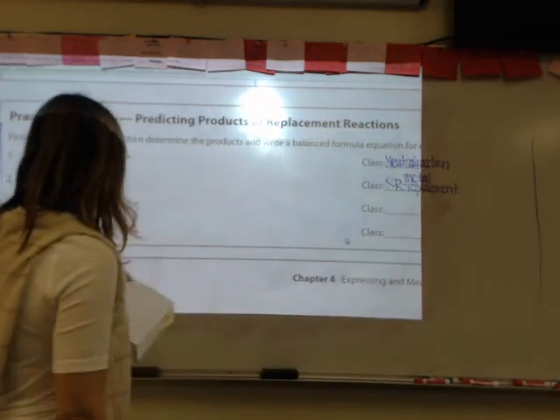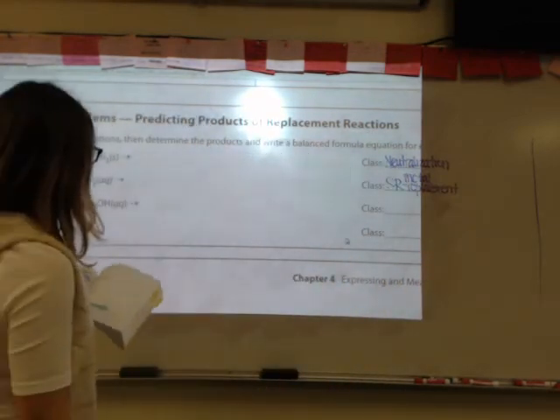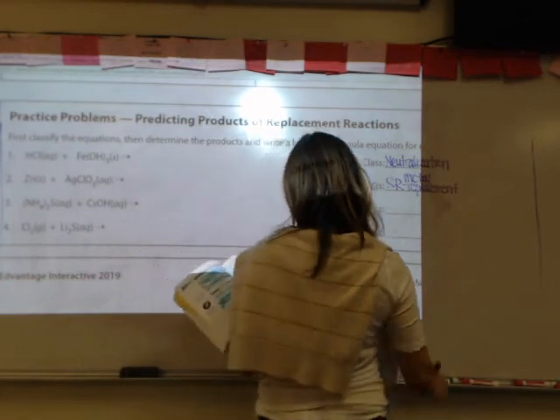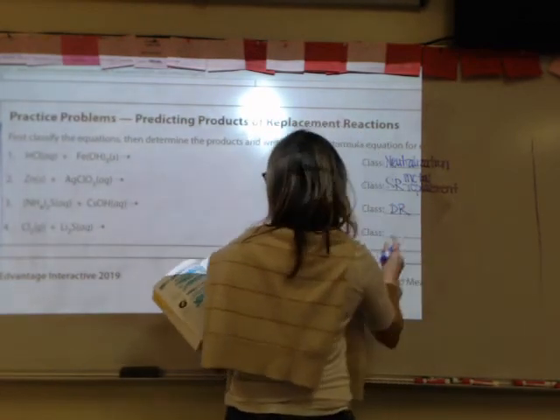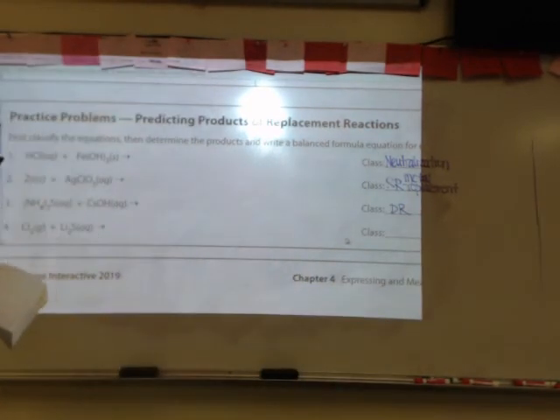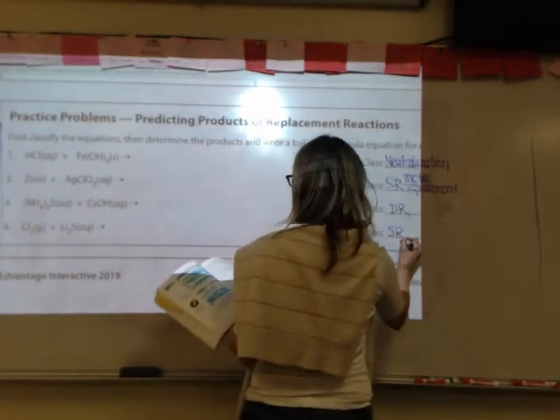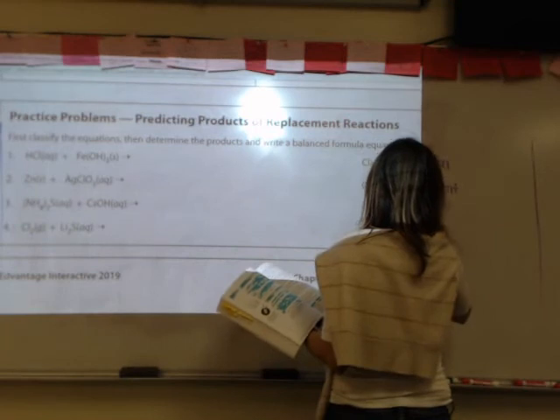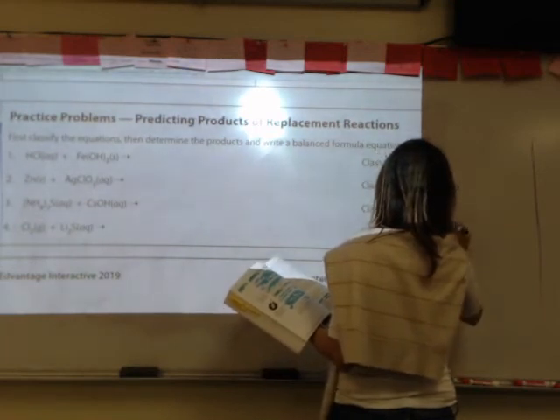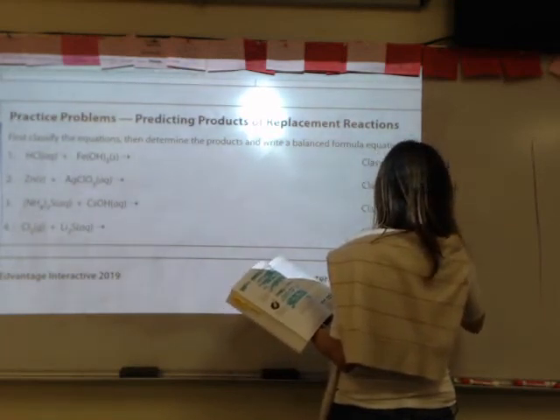For number 3, I have ammonium sulfide combining with cesium hydroxide. That's a double replacement. For number 4, I have chlorine combining with lithium sulfide. That's a single replacement reaction, and chlorine is a non-metal, so this is a non-metal replacement.